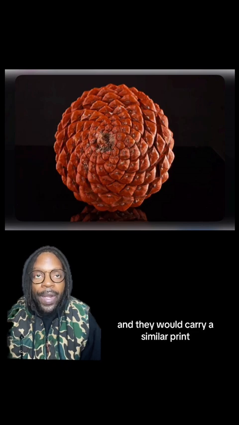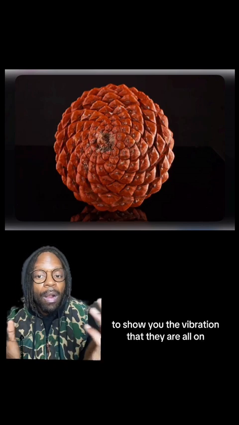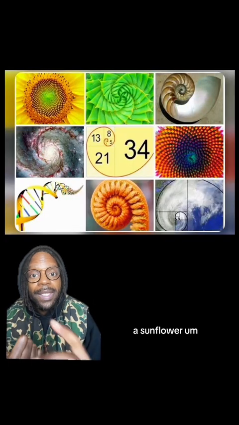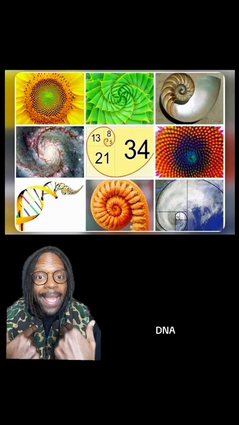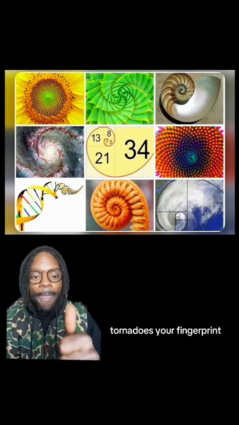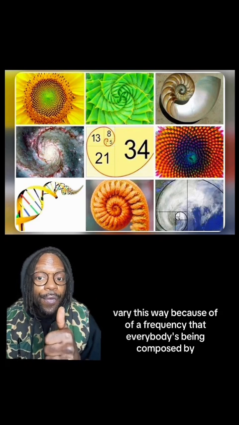And they would carry a similar print to show you the vibration that they are all on. Like if you look at a pine cone, a sunflower, DNA, tornadoes, your fingerprint, they're this way because of a frequency that everybody's being composed by.